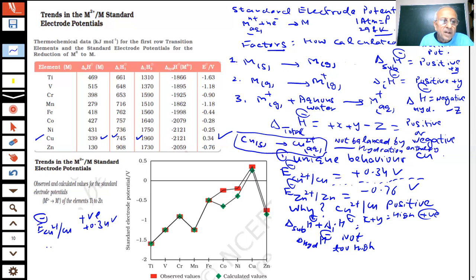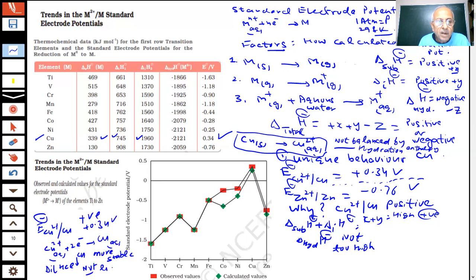Copper 2 plus can gain electrons to form copper, or copper is more stable as compared to 2 plus. Therefore, copper is not going to give electrons. If it cannot give electrons, it cannot act as a reducing agent. In other words, if I have HCl and put copper, what will happen? It will not liberate hydrogen.